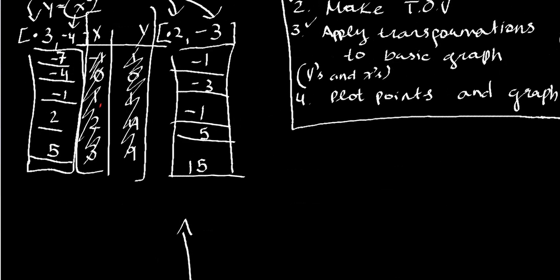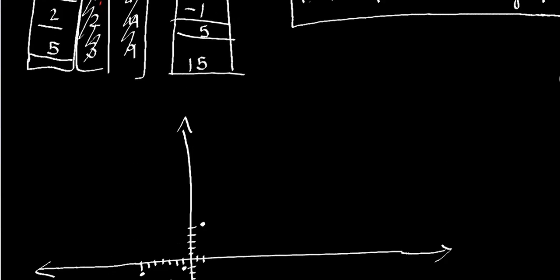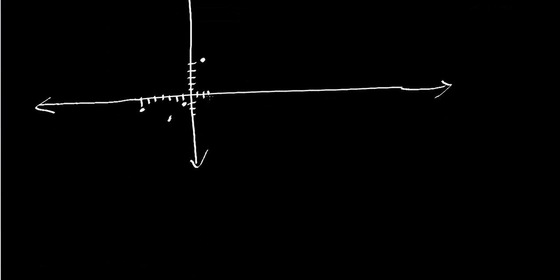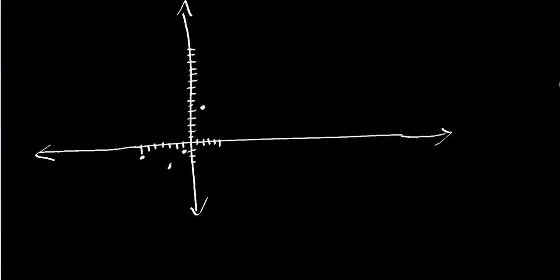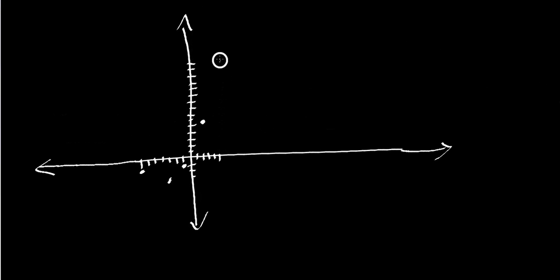2, 5. 1, 2, 3, 4, 5. And 5, 15. 2, 3, 4, 5, 6, 7, 8, 9, 10, 11, 12, 13, 14, 15. Okay, so 5, we're all the way up here.